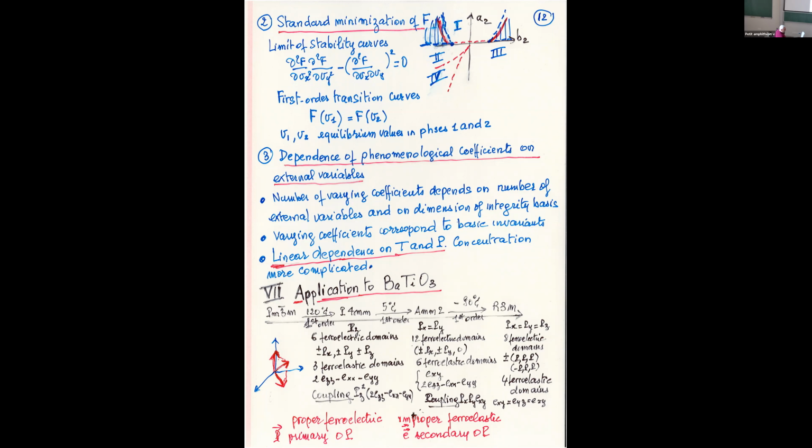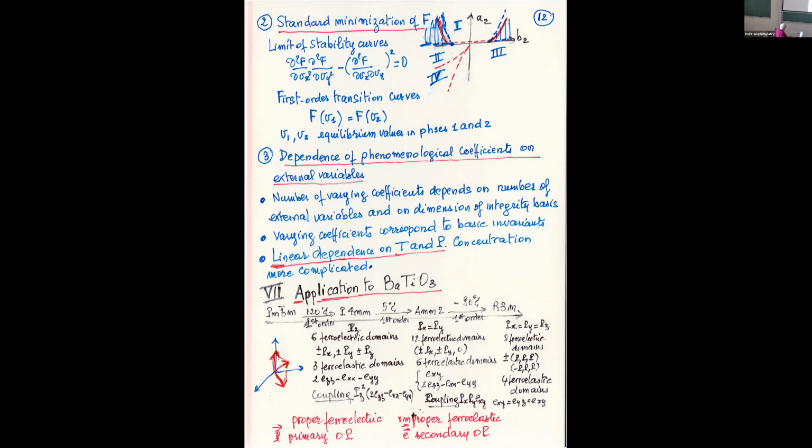AMM2 is orthorhombic, in a plane with a twofold rotation, and R3M is rhombohedral, with the polarization along the diagonal joining 2 corners of the cube.